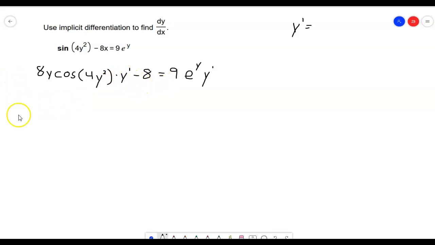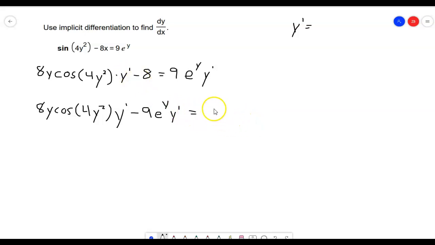I'm going to leave this term over here: 8y cosine of 4y squared times y prime. I'm going to bring this one, it has a y prime, so minus 9e to the y times y prime, and that's going to equal 8. I'm going to take that 8 and bring it over here because it has no y prime.